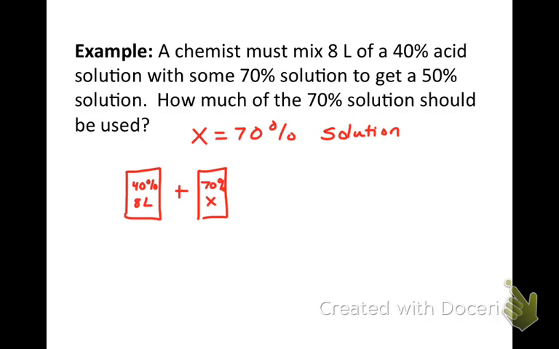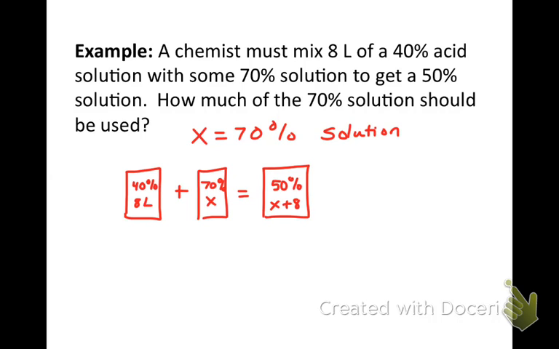And what percent do I want over here? 50%. How many liters would be in that container? 8 plus x. Why is it 8 plus x? I started out with 8 liters, and I'm dumping x amount in, so I'm going to have 8 plus x. Is everybody with me? Or x plus 8. I like to put my variables first.